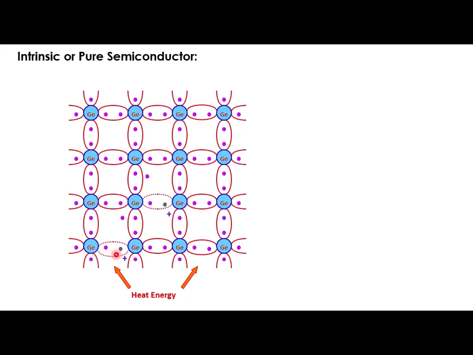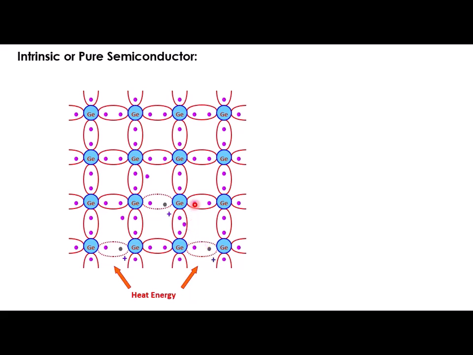In one way, these deficiencies of electrons will try to pull electrons from the nearby germanium atoms. For example, this deficiency of electron can try to pull either this one or this one, or this one or this one, and this also will try to pull one nearby electron from another atom like this.